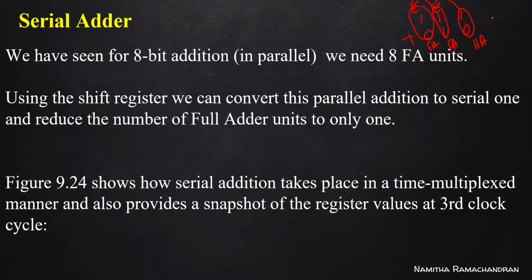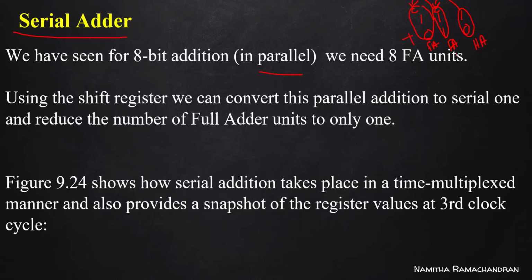So for adding two n-bit numbers in parallel, we need to use many full adders and half adders. These full adder and half adder circuits are expensive. We can perform the same operation using the serial adder method, and we can reduce the number of full adder circuits required.